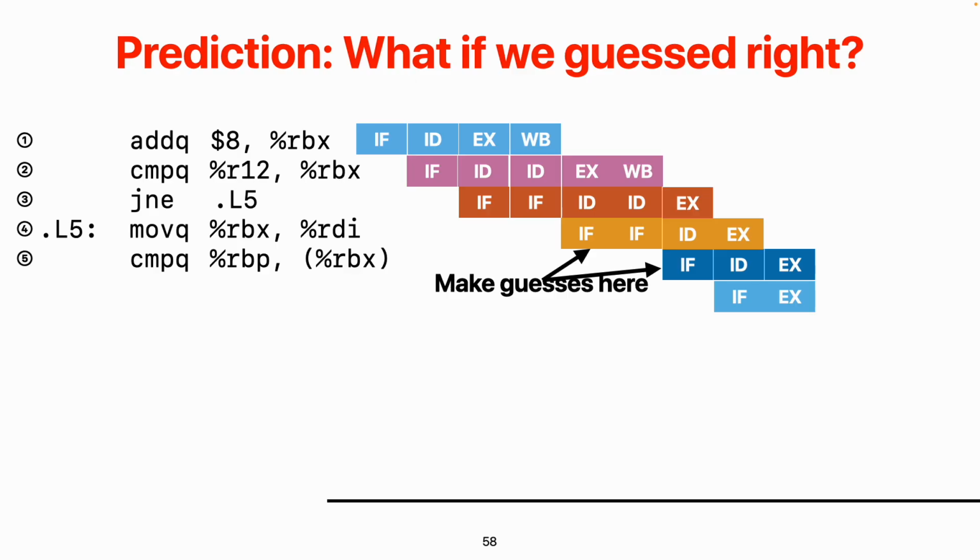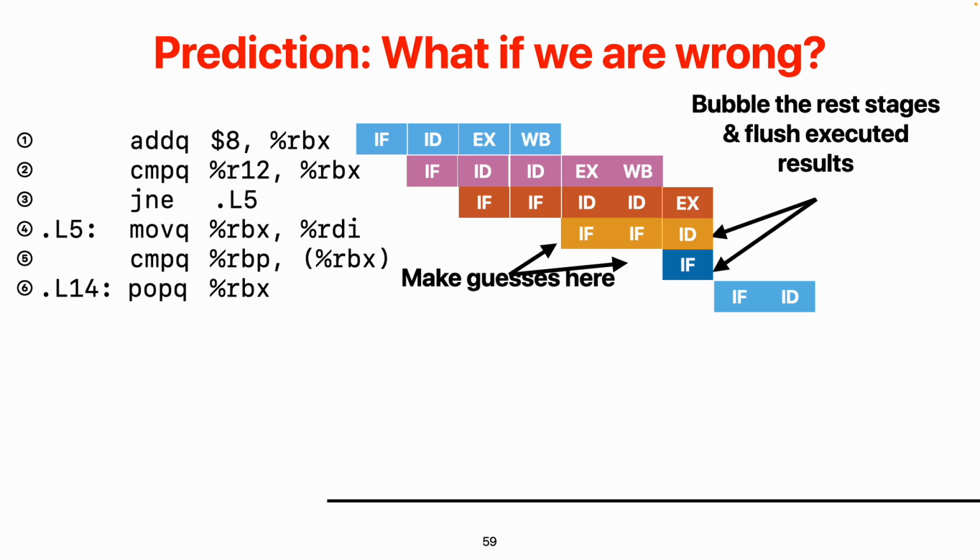If I don't know what's the next instruction to fetch, I would just guess an instruction, because without guessing, I would just idle there. But if I guess it right, I can fetch and execute the instruction earlier, potentially improving the performance.